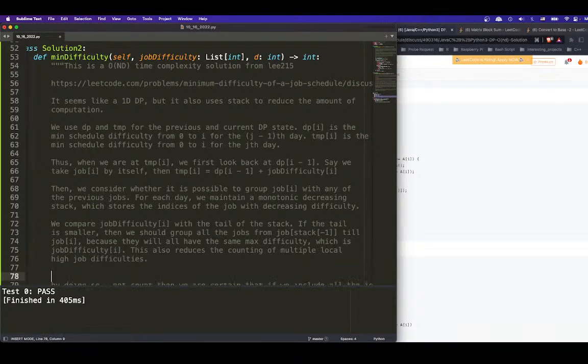Once we reach job stack minus 1 that is larger than job difficulty I, right? So I hit something that's larger.